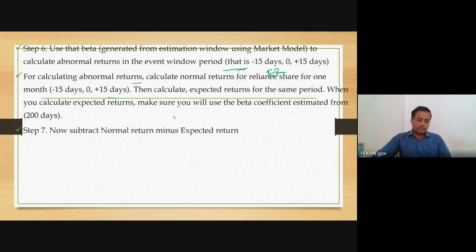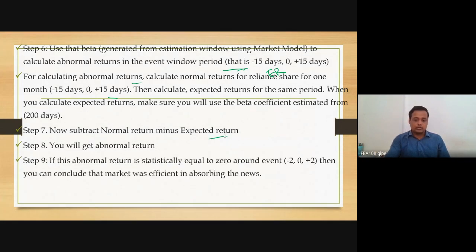Subtract the expected return from the actual return, and you will get the abnormal return. Then you see whether that abnormal return is statistically zero in your event, whether it is -2 to +2 or -15 to +15. If it is not impacted, that means that event has zero impact, then you can say the market is efficient.